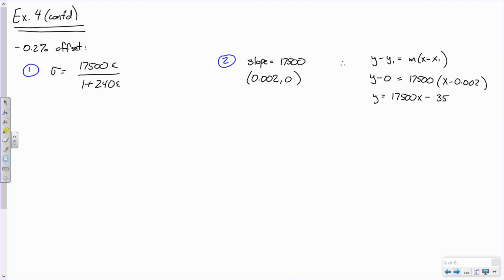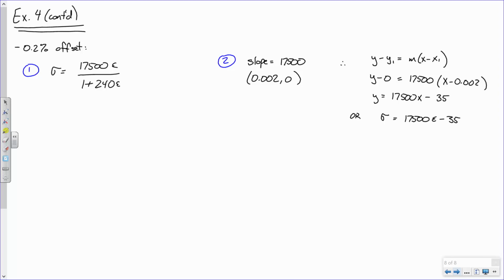So another way of writing that is sigma is 17,500 epsilon minus 35. Is everybody okay with that? Remember, sigma's on the y-axis and epsilon's on the x-axis. Does that sound good? So here's equation number 1, equation number 2.